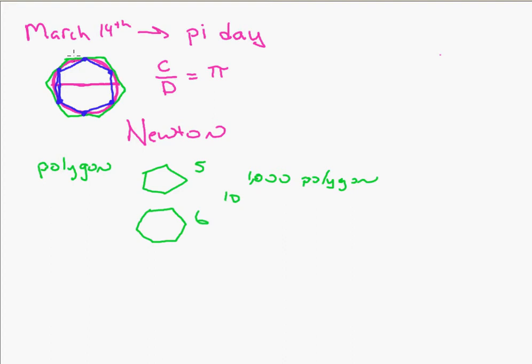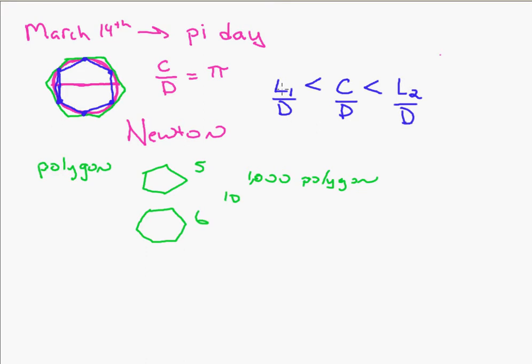So now if we have a way to calculate the perimeter of these polygons, we know that the length of the polygon on the inside, we'll call that length 1, is going to be less than the circumference, and that is going to be less than the polygon on the outside of the circle. We'll call that length 2. Then to turn this into pi, we just divide everything by the diameter.